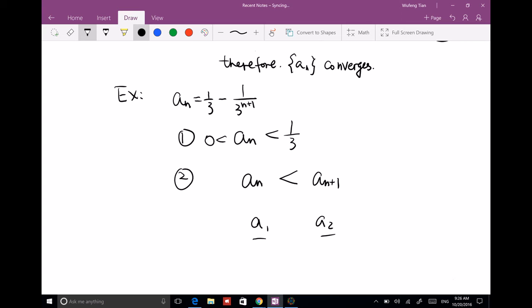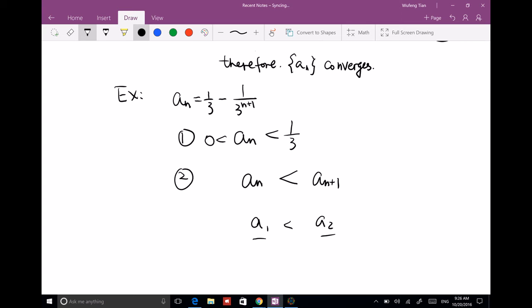You can tell a_1 is 1/3 minus 1/9. Then this one is 1/3 minus 1/27. So just compare simple ones. Compare a_1 and a_2, and then you can tell a_1 is less than a_2. You can do a few, and it's always true.